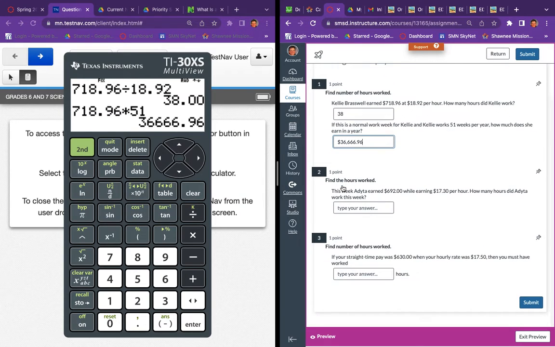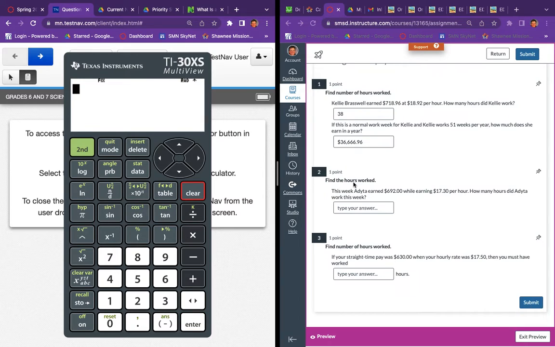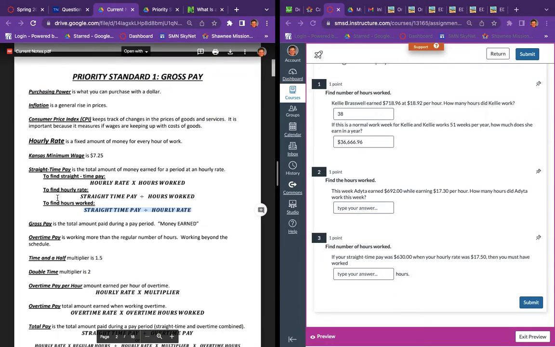All right. Question 2. Find the hours worked. This week, Adita earned $692 while earning $17.30 per hour. How many hours did Adita work this week? So again, if we go back to find the hours worked, because it says how many hours did Adita work, we're going to take straight time pay divided by the hourly rate.